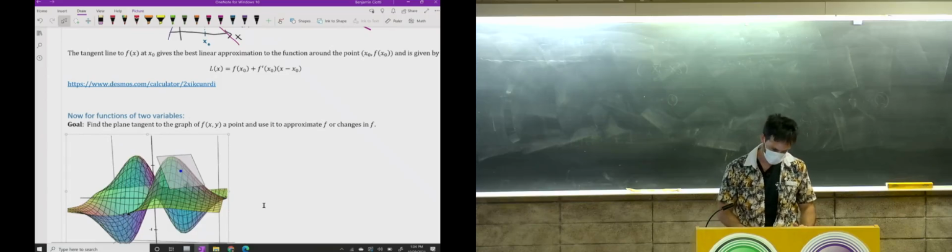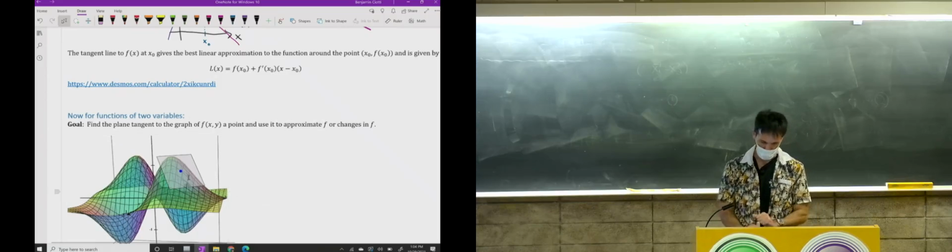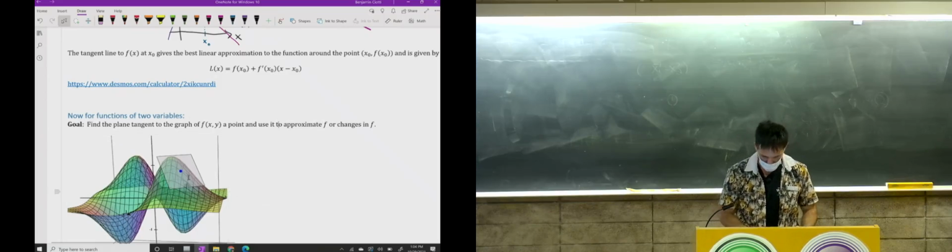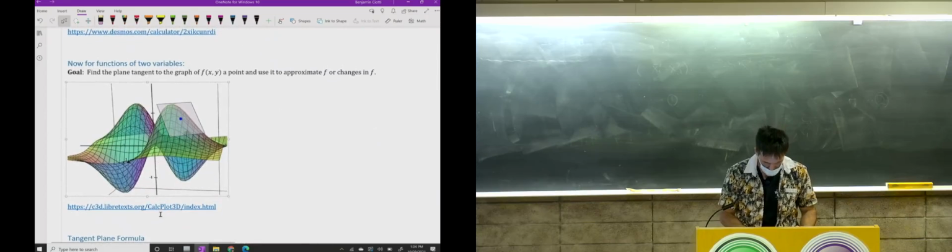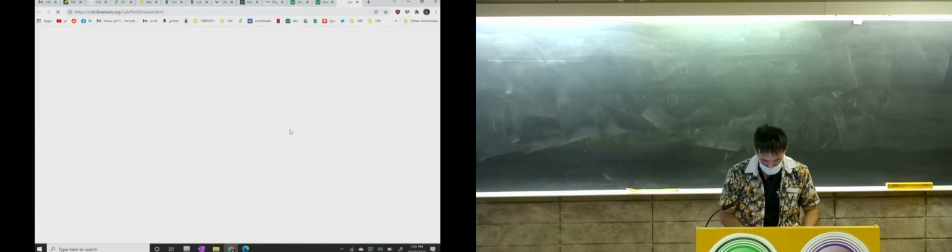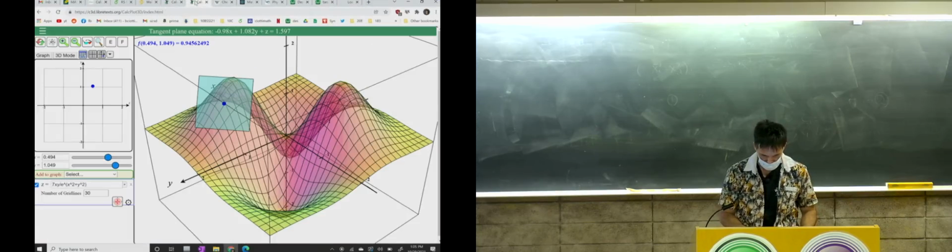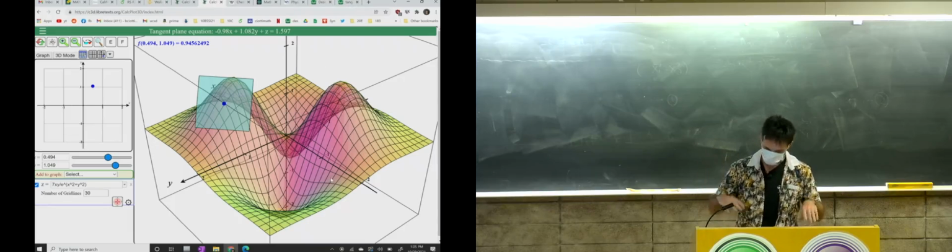Okay, so here's a picture of what a tangent plane to a graph at a point might look like. In fact, let me give you a little 3D tour. Here, let's use this one. So here's some graph of some random function.